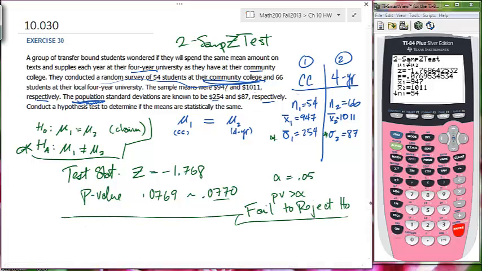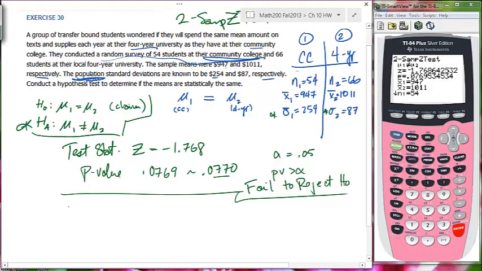Given the sample data, we were not able to reject the claim.